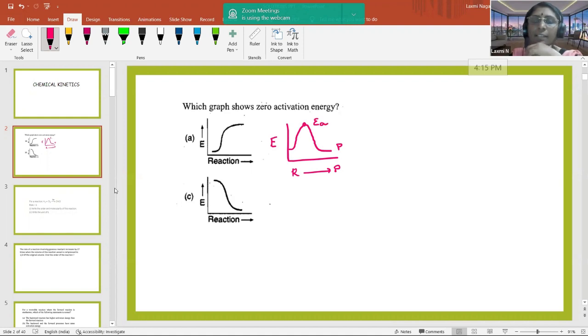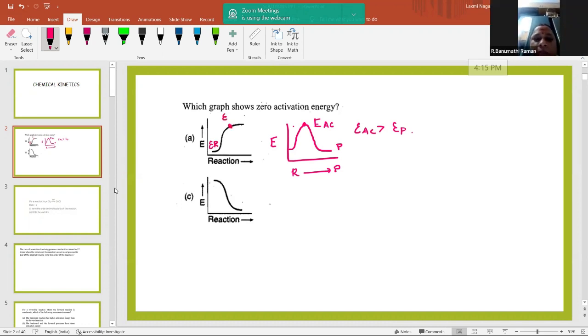The energy of the activated complex will always be more than the energy of the products. So in this case, this is the energy of the reactants, this is the energy of the activated complex, and this looks like the energy of the products.